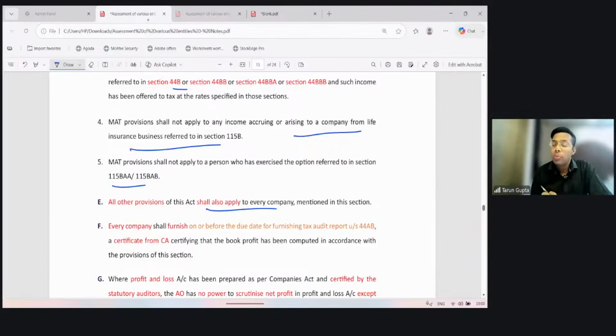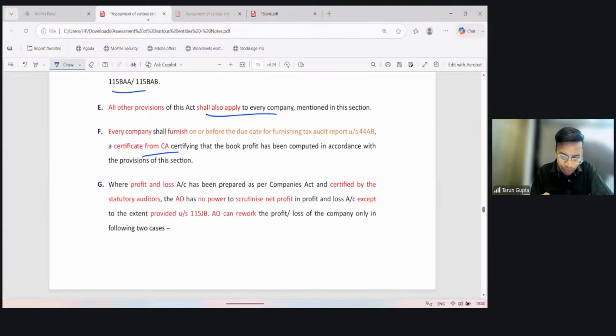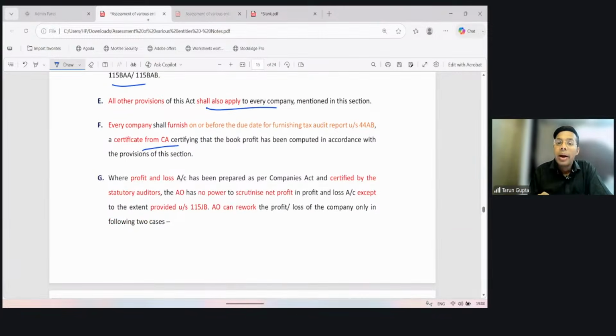The company to which this provision applies shall furnish a certificate from a chartered accountant on or before 1 month before the due date to furnish the return of income. That is from the tax audit report. If the profit and loss account is prepared as per Schedule 2 of the Companies Act, then the AO cannot tinker with that profit and loss account.